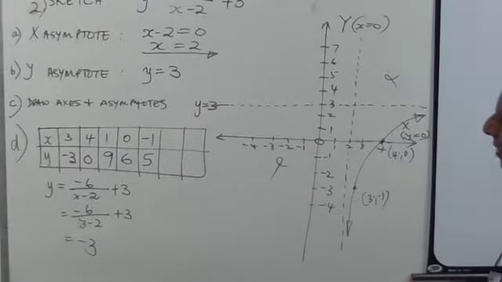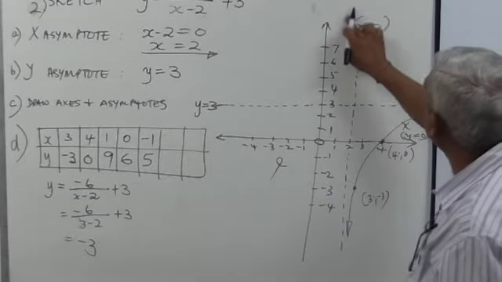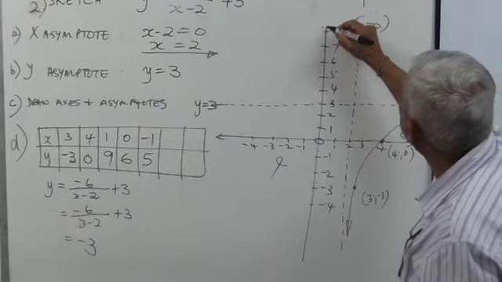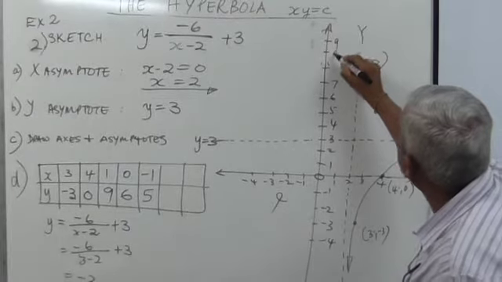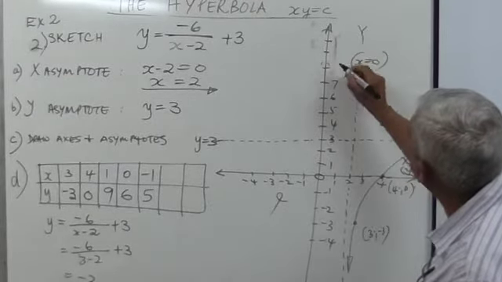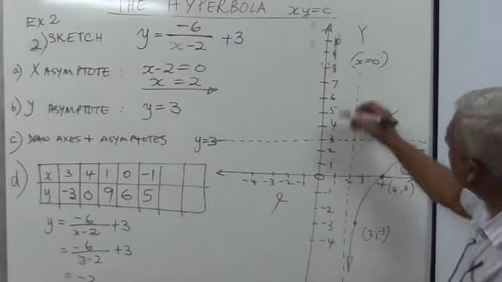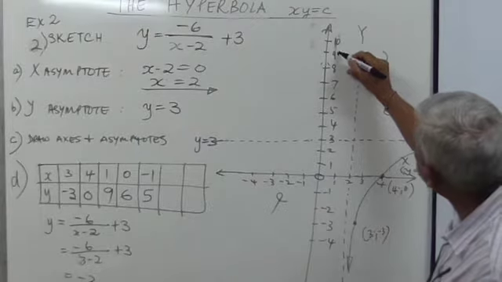Now, when it's 1, it is 9. So I got to go further up. 7, this is 8, this is 9, that's 10. So when it's 1, it is 9. So 1 and 9 is here.